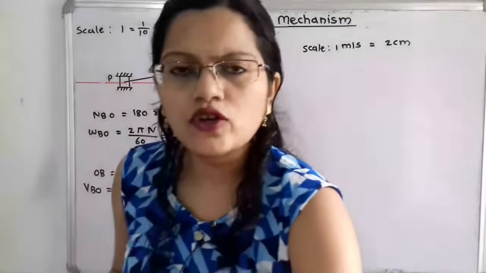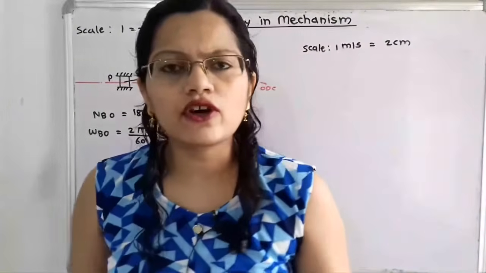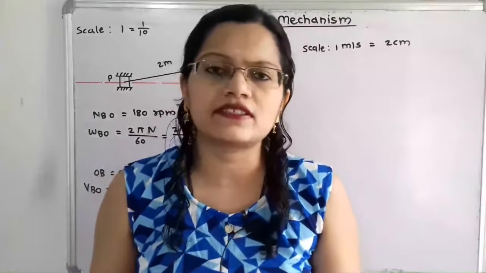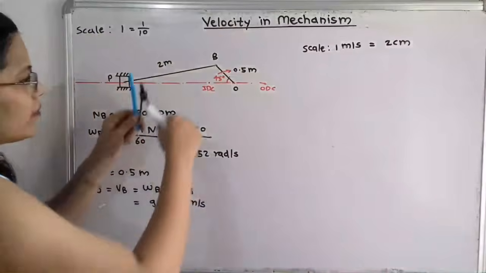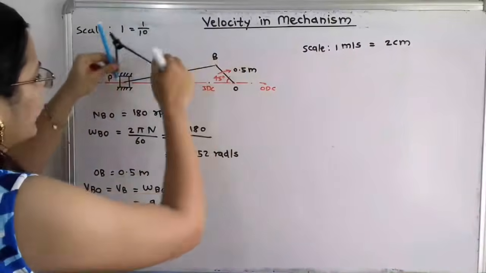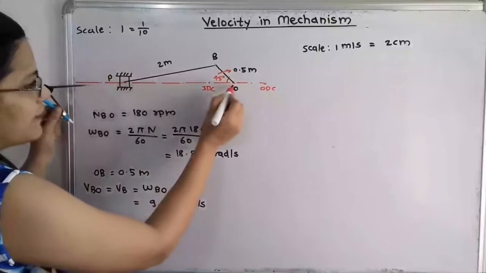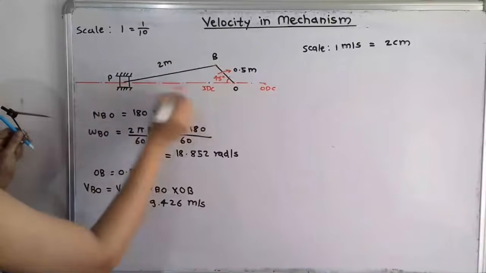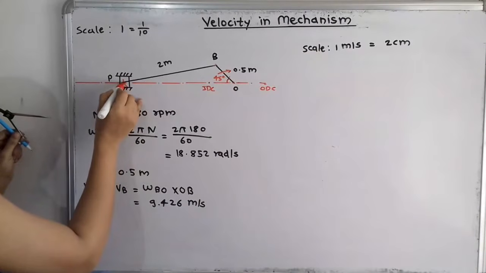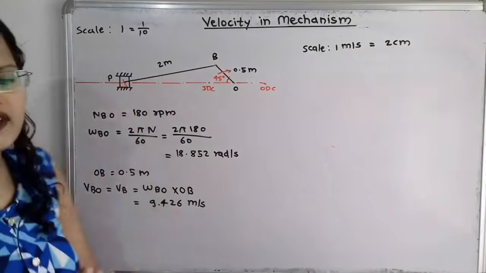Now how to draw the connecting rod? We take B as a center and in the compass we take a distance of 20 centimeter. Then with B as a center, we mark an arc on this horizontal line which is passing through the center O. So this is the point of intersection and this is the end point of the connecting rod.